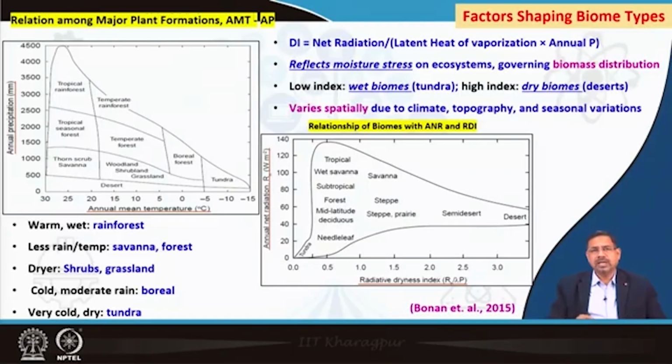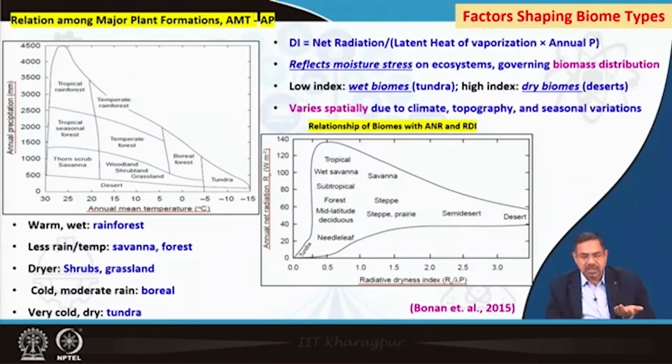And the right hand side diagram takes two other variables. One is the annual net radiation, and on the x axis it is the radiative dryness index, and accordingly this set of biomes has been rearranged.